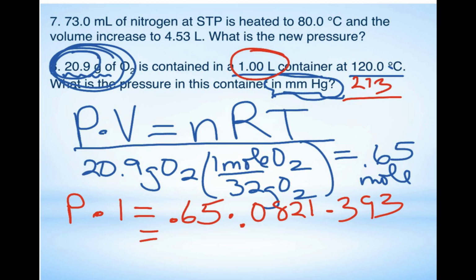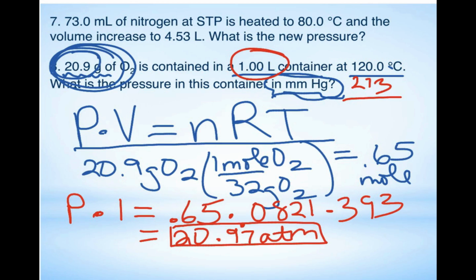So let's solve for pressure. This gives me a pressure of 20.97 atmospheres. Now this would be a great answer, except for the fact I asked, what is the pressure in millimeters of mercury?